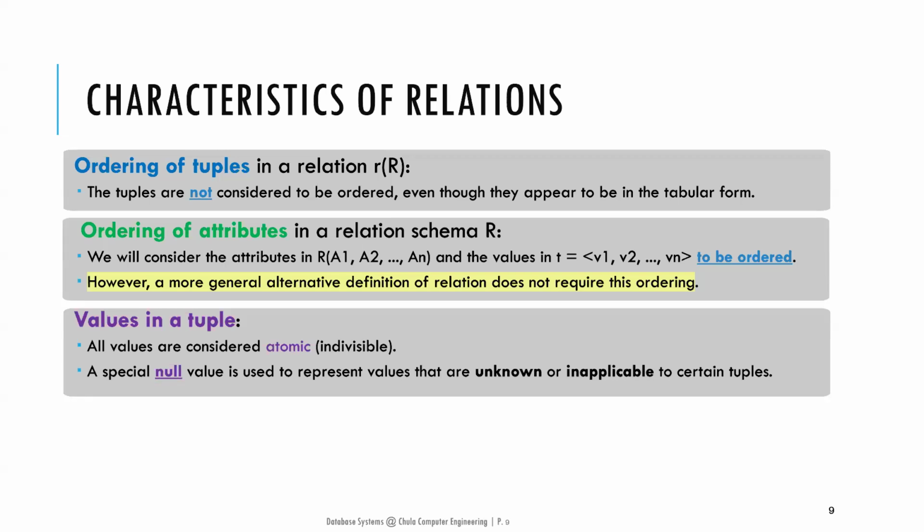But within the database, each of the values in the tuple will be indivisible. So we call that atomic, all right? Now, if you do not have any data within any of the columns, then we have what we call null values. When we have a null value, it means unknown or inapplicable.